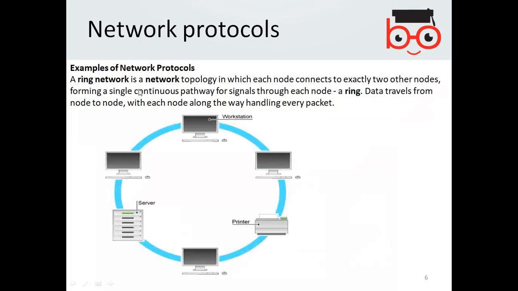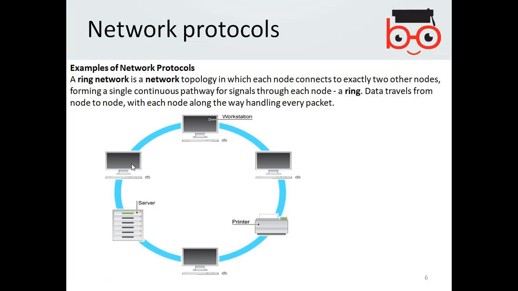A ring network is a network topology. Topology is a physical or pictorial representation of how devices are shown, in which each node connects to exactly two other nodes. For example, if you have made your network into a ring topology, you are not going to connect one computer or workstation only to the modem, but to another network device or workstation.